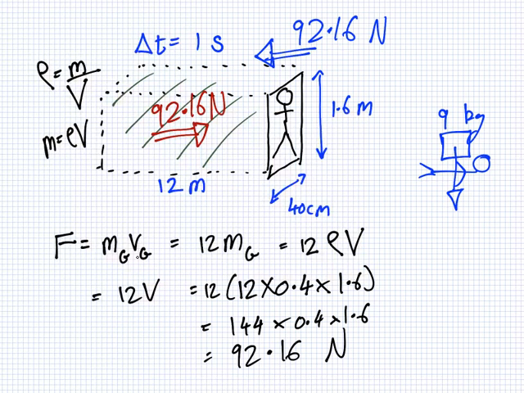What could the student do to reduce the force from the wind? Not walk into the wind, perhaps. Yeah. If they have to walk into the wind, what would they do? Well, yes, correct.